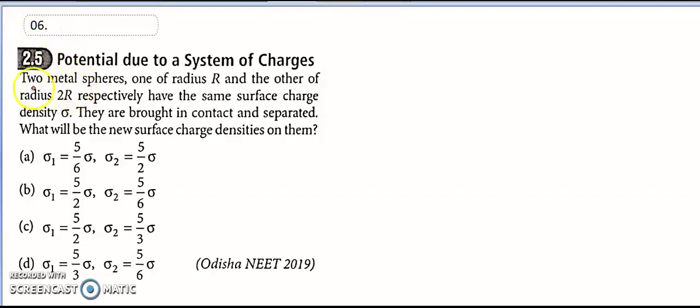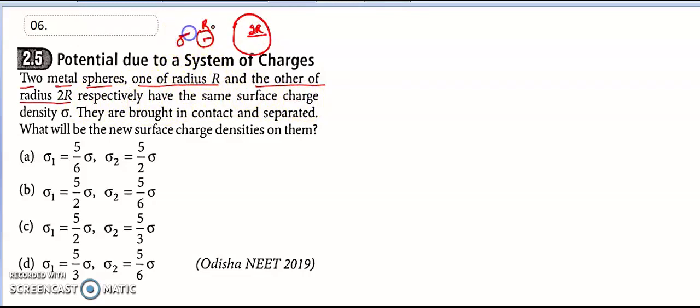Ready? Question number 6. Two metal spheres, one of radius r and the other of radius 2r, respectively have the same charge density.